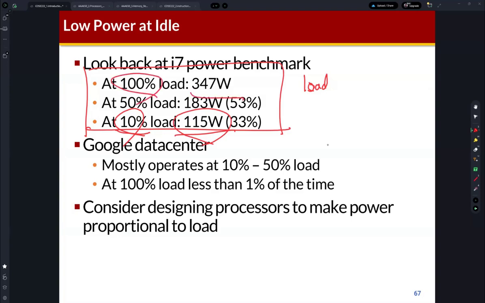Then it's around 350 watts. If we compare these values, you can observe that the workload is just 1/10 of the full workload, but the power consumed is around 1/3 of the full workload. Okay, it's not proportional.